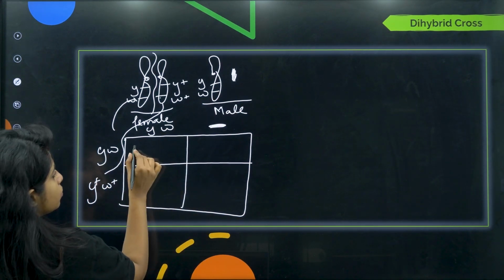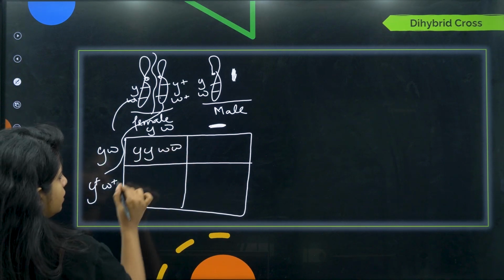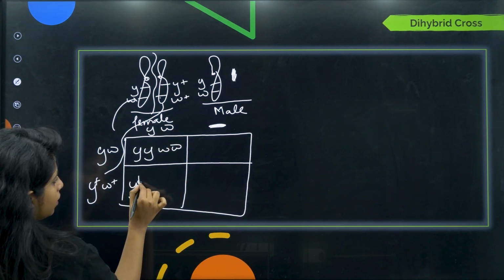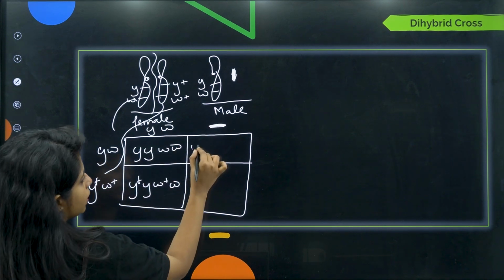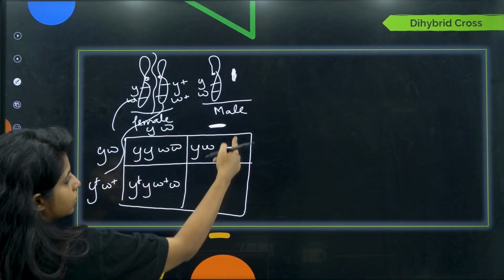Now when this and this fuse, you get this. When this and this fuse, you get this. This is the chromosome that was there.